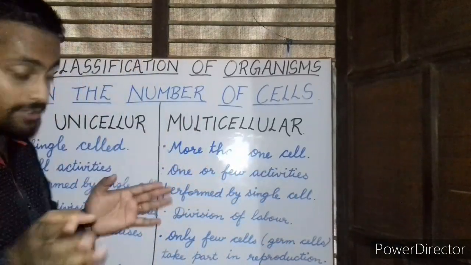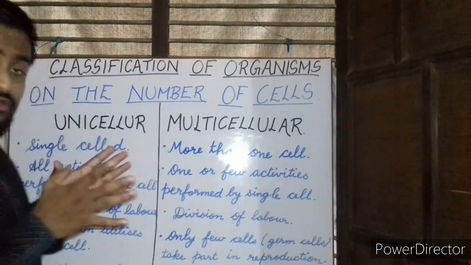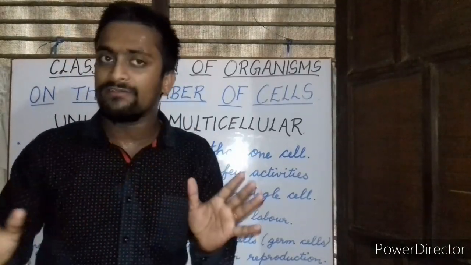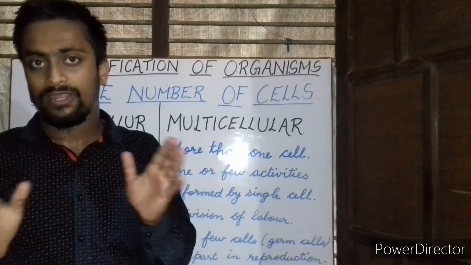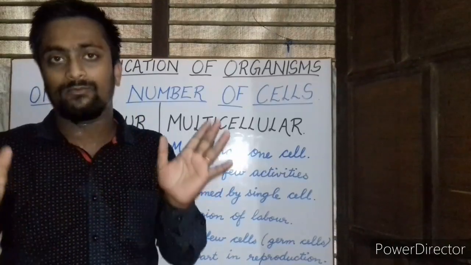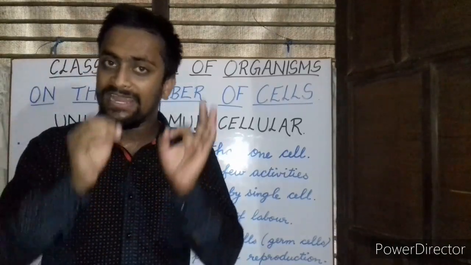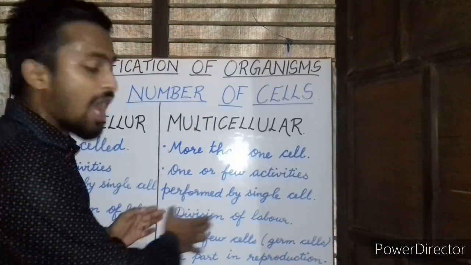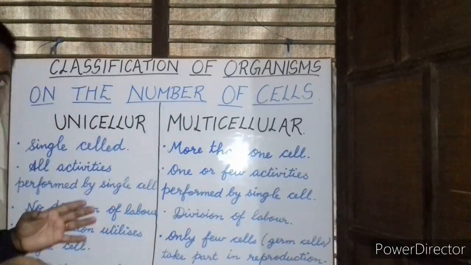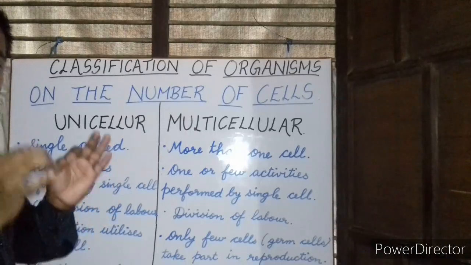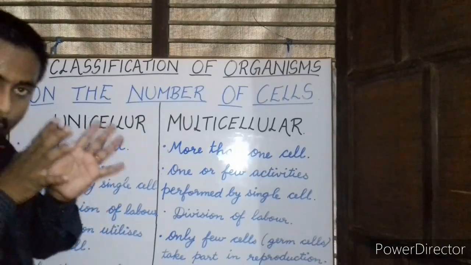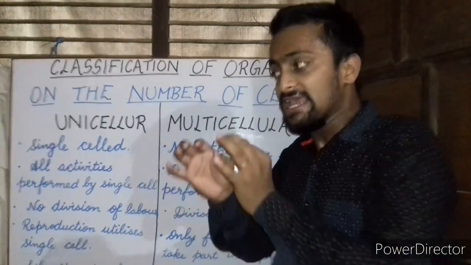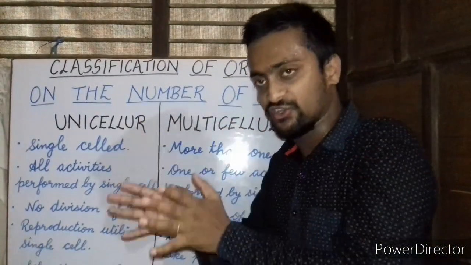Now third, no division of labor is there in unicellular organisms, which means all the metabolic functions are performed by a single cell. While in multicellular organisms, there is a division of labor, which means each and every cell is assigned a specific function of its own.